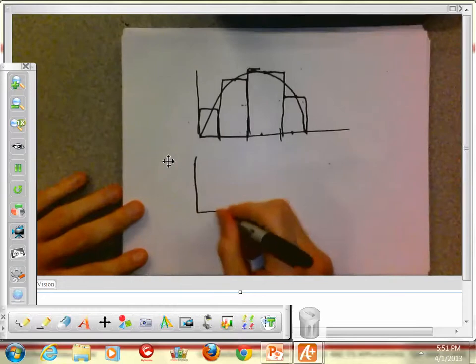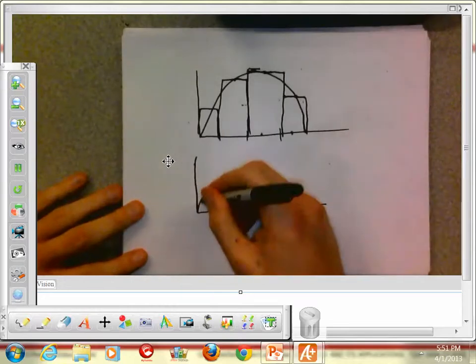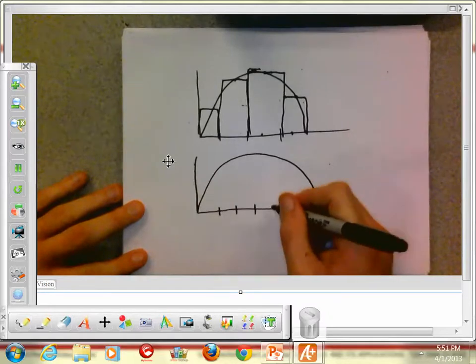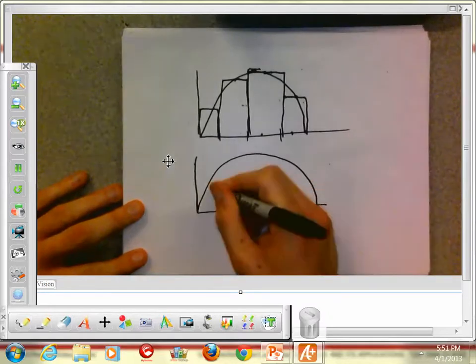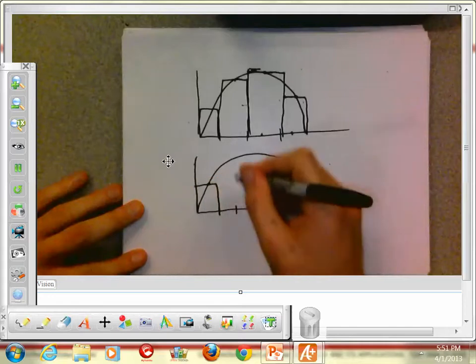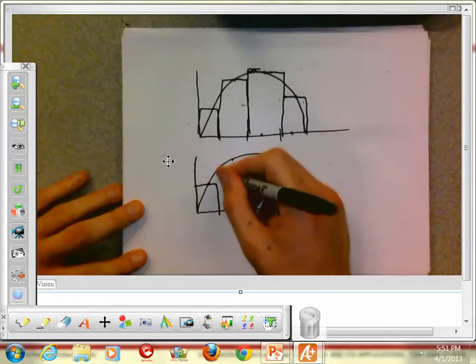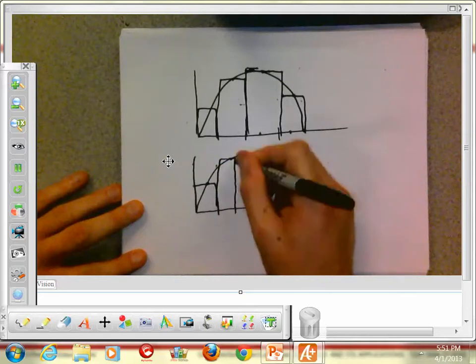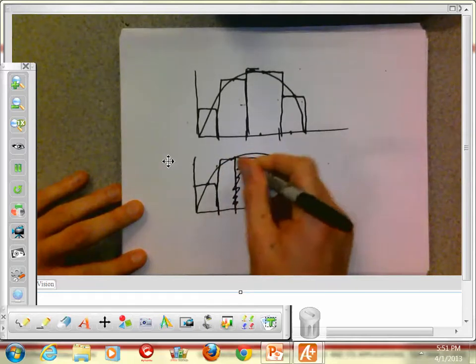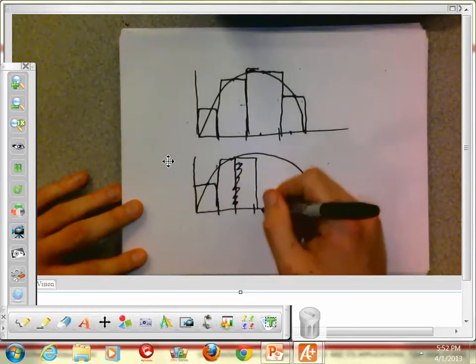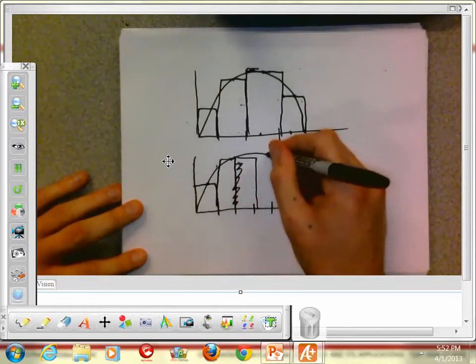So if we do that again, I'm going to draw the same curve, except now I'm going to make more rectangles. So the first rectangle is going to be something like this now, and the second rectangle is going to be something like this. And the third rectangle is going to be something like this.